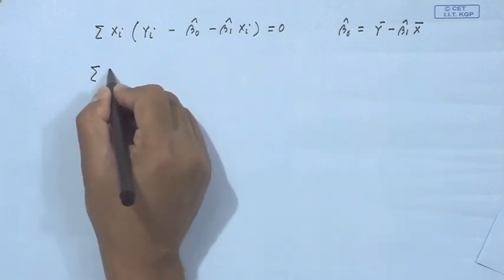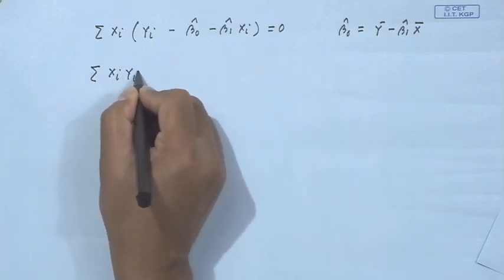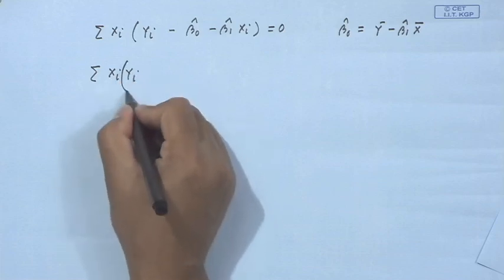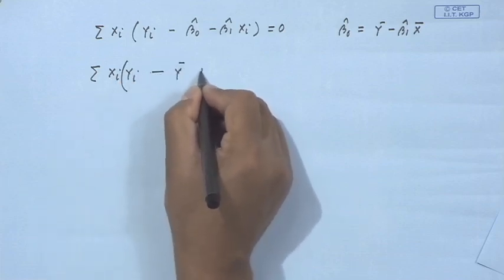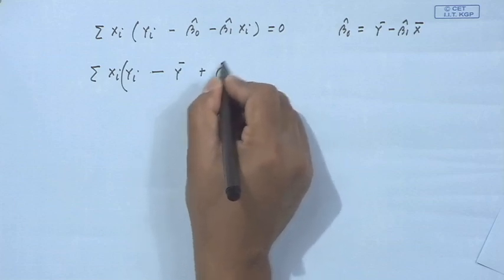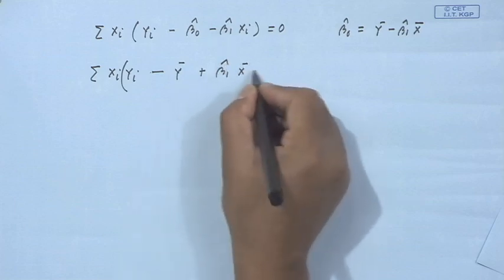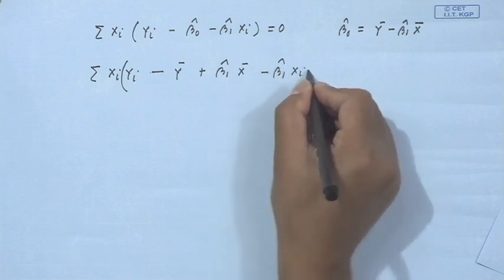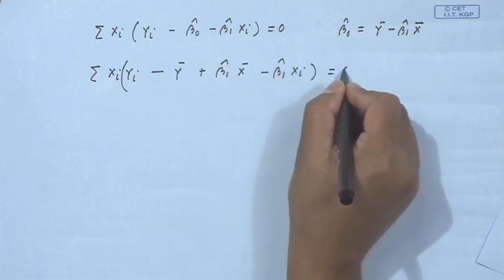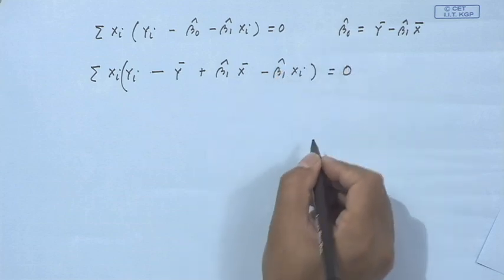What I will get is summation x I of y I minus y bar plus beta 1 hat x bar minus beta 1 hat x I is equal to 0.